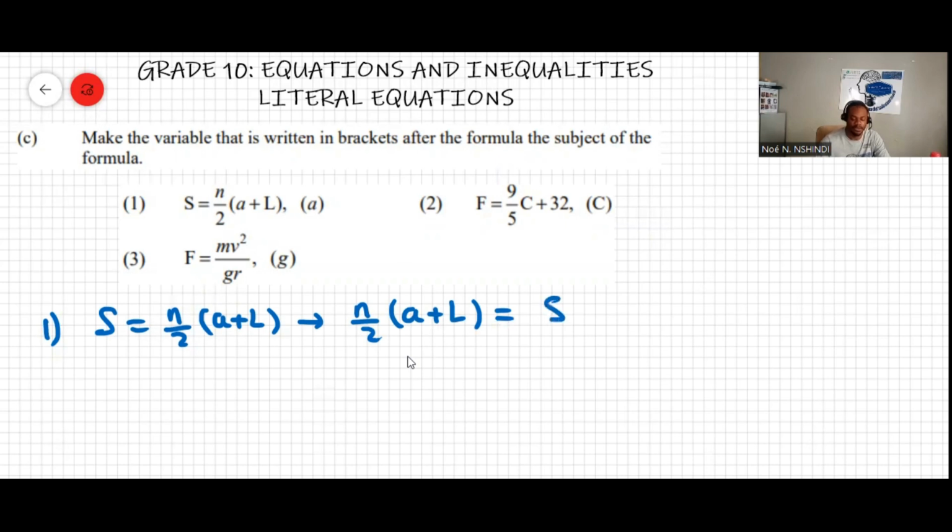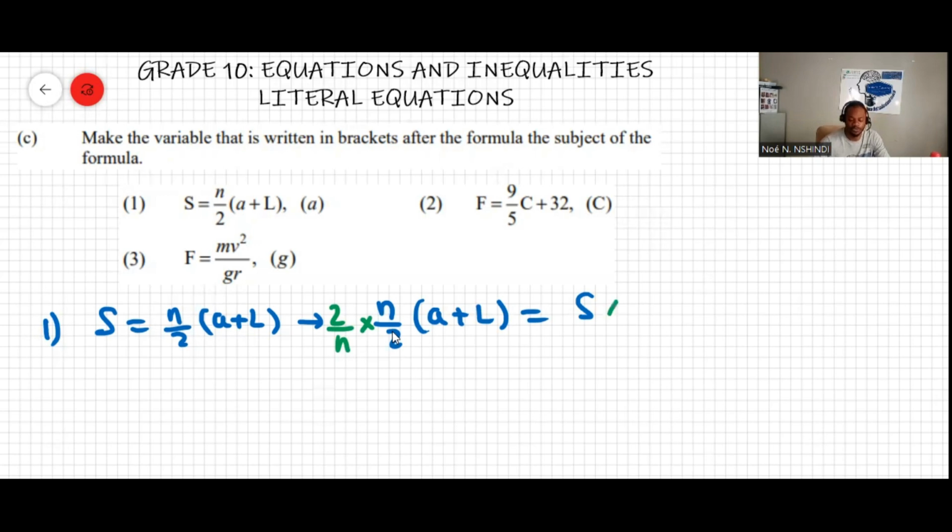So this is going to be N over 2, A plus L, equal to S. Now to get the value of A, we can get rid of everything next to it. Because over here, I have N over 2, and if I multiply it by 2 over N, I will cancel N and 2.